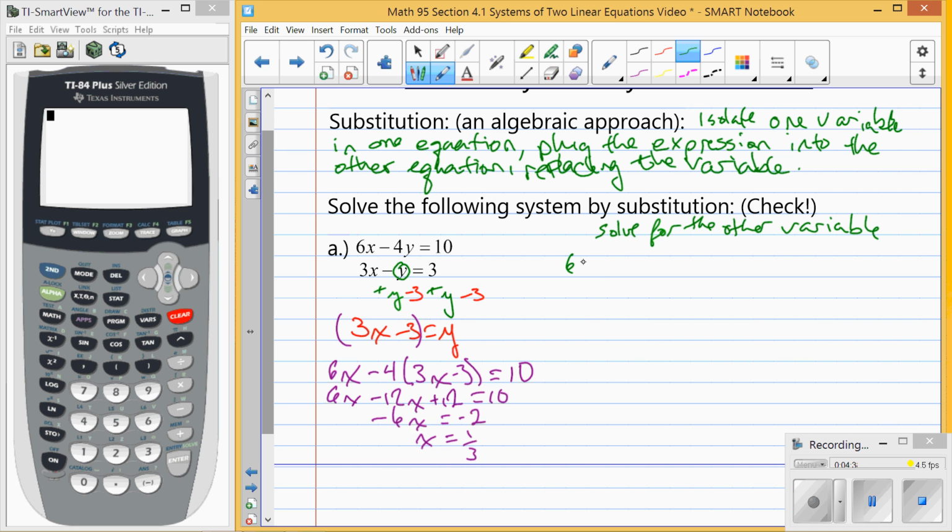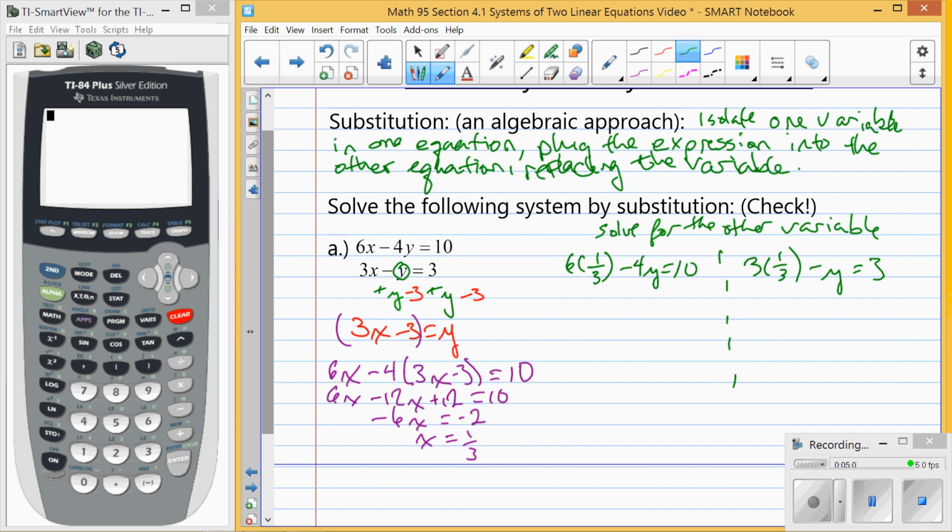So I'm going to have 6 times 1/3 minus 4y equals 10. I'm also going to look at 3 times 1/3 minus y should equal 3. In this equation, I'm not often going to have you work two equations simultaneously.